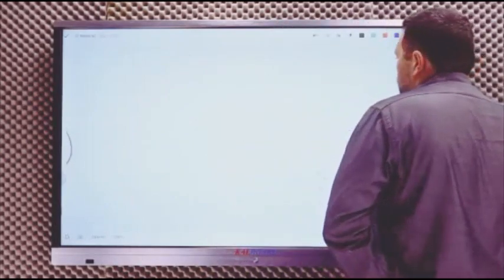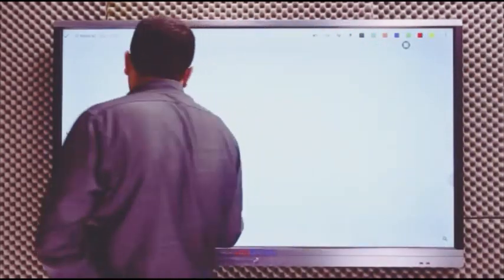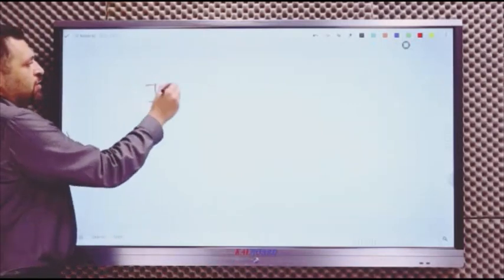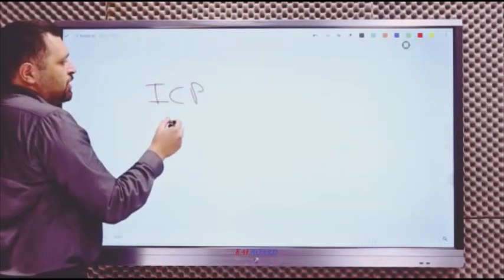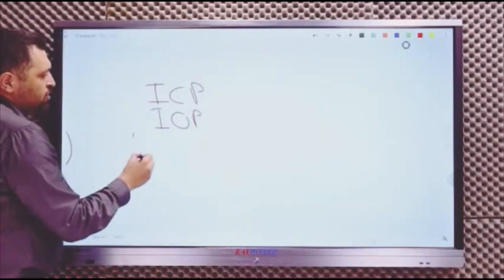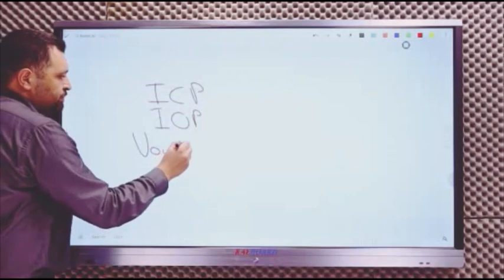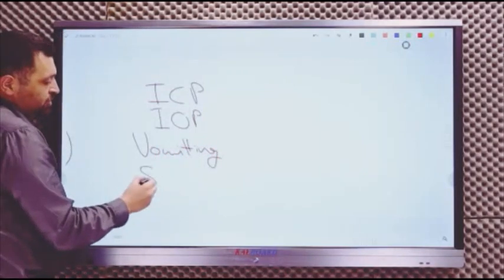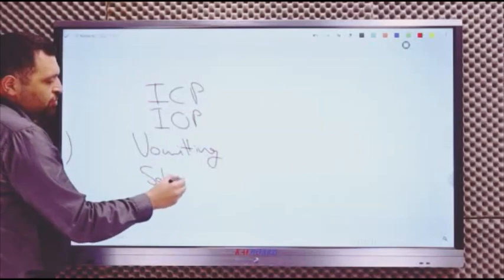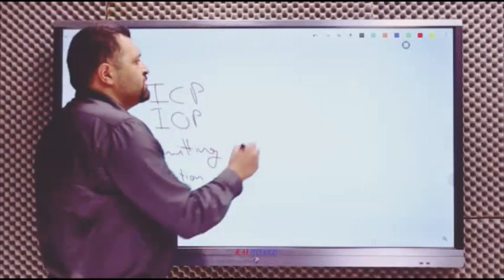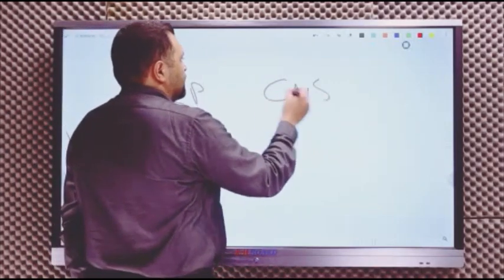Okay, what are the problems of ketamine? We said it can increase everything, including the intracranial pressure and the intraocular pressure. It can also cause vomiting, and it increases salivation. So it's a sialogogue drug. Okay, but the main problem is in the CNS.